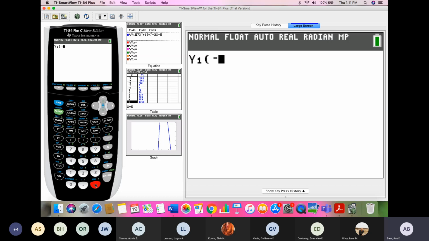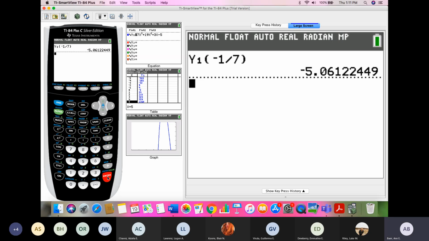Let's check one possibility that is not a 0. -1 divided by 7. Closing parenthesis. And now we want to enter. So we did not get the number 0 over here.